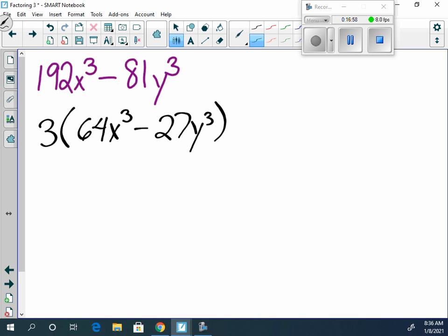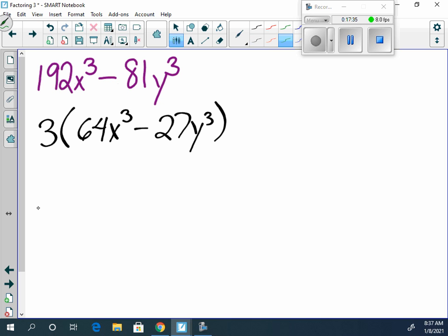Not 9, sorry, 27. Because 81 is 9 times 9. But it's also 81 divided by 3. So it does go into it 27 times. I misspoke. It goes into it. We can factor out the 3.